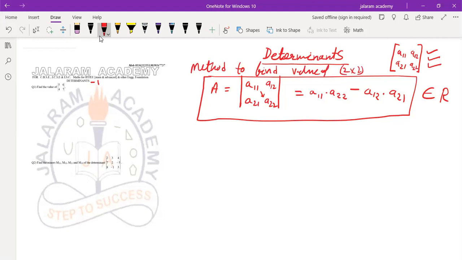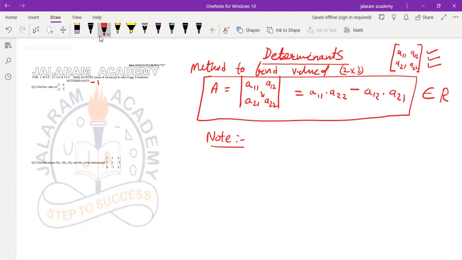And remember, determinants are always square determinants. You can write this. Determinants are always square determinants, meaning the number of rows is always equal to the number of columns in a determinant.